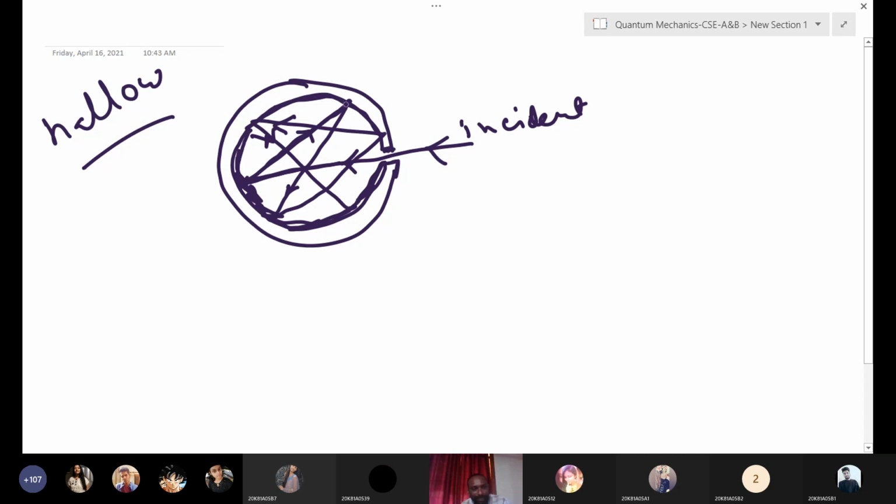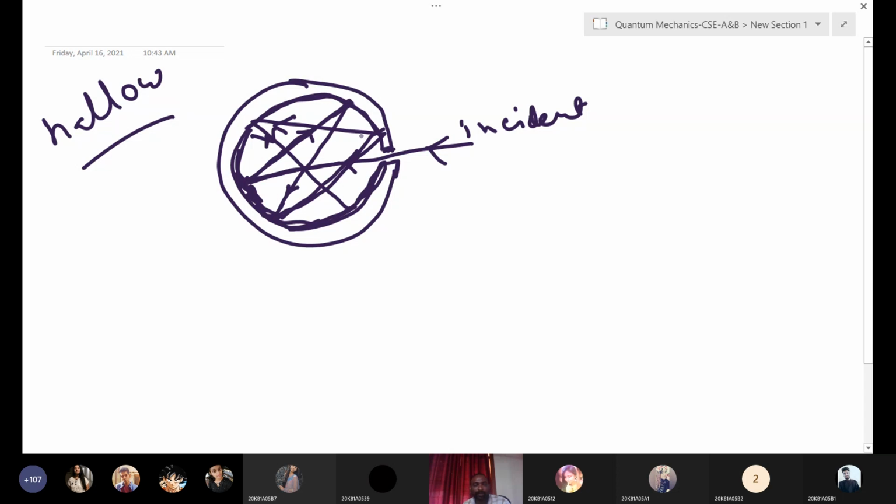After incidence, some of the light will be absorbed and some will reflect back. At the next place also, some will be absorbed and the rest reflected. In multiple reflections, after some instant of time, the total light will be absorbed within the hollow cavity.